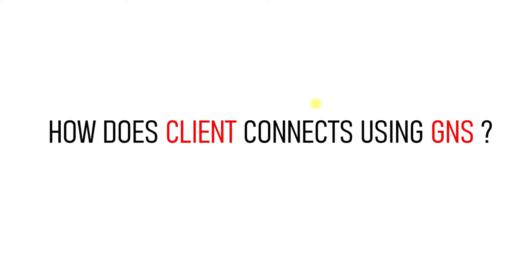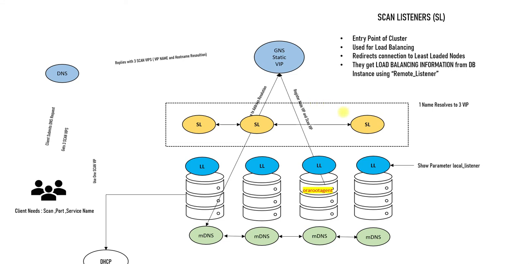Now finally, the most important point is how the client connects to the GNS. Don't worry about the complexity of this picture. We have already discussed most of it. Let's start from here.